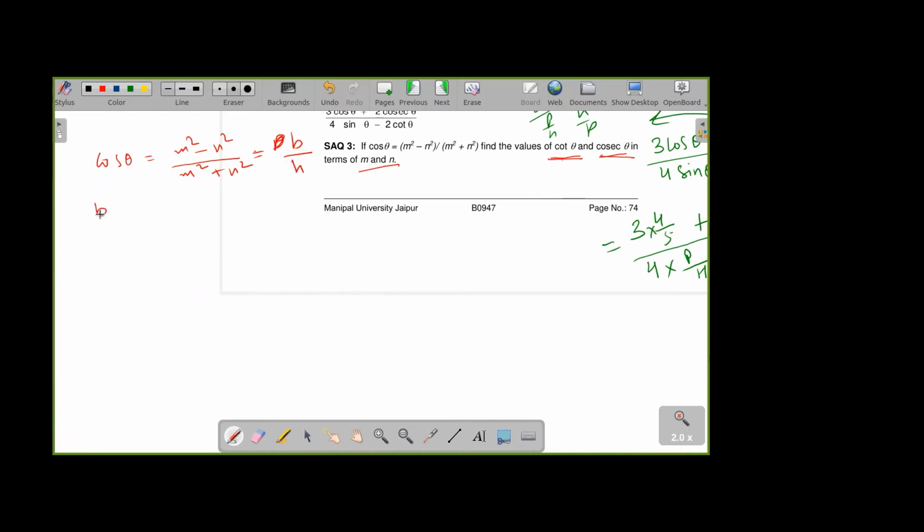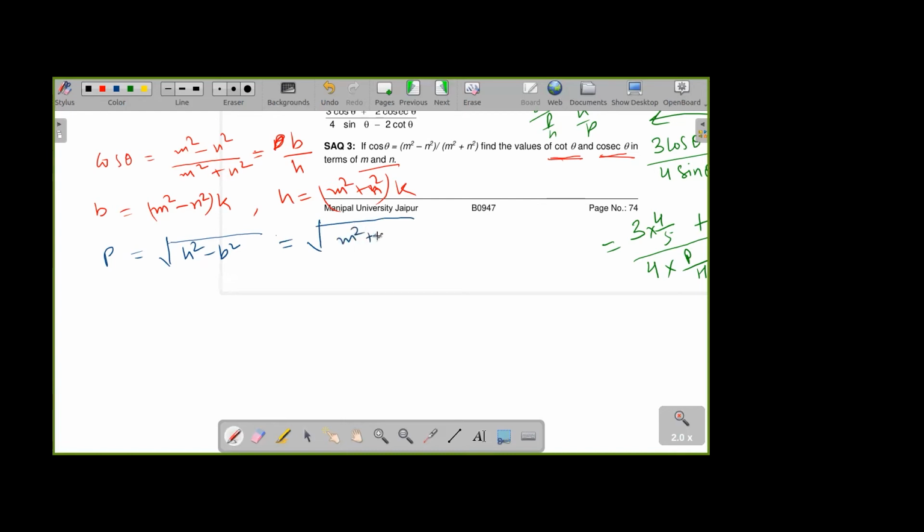So b equals m square minus n square multiplied by k, and h equals m square plus n square multiplied by k. So we have b and h, and we need to find p.